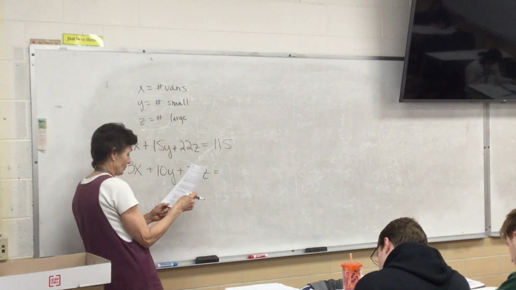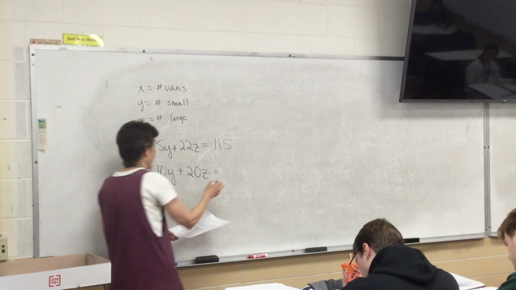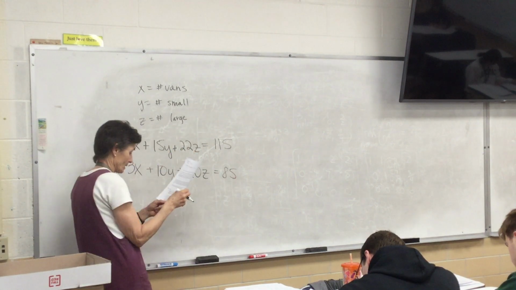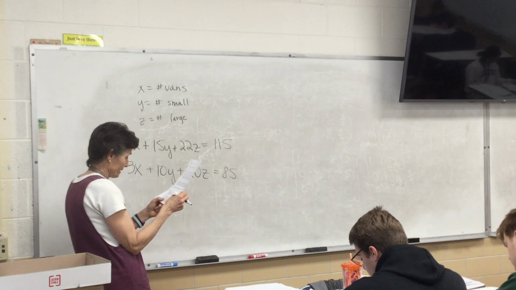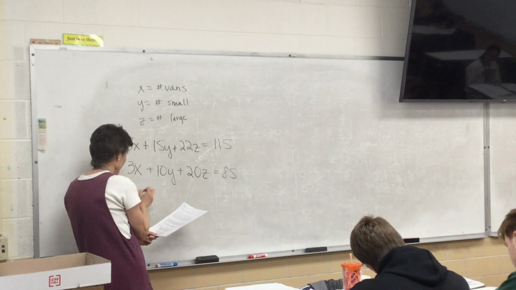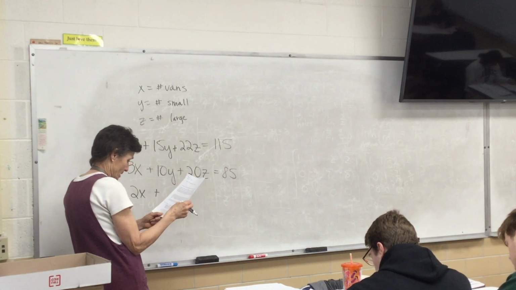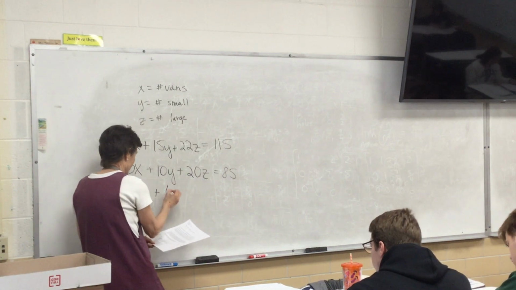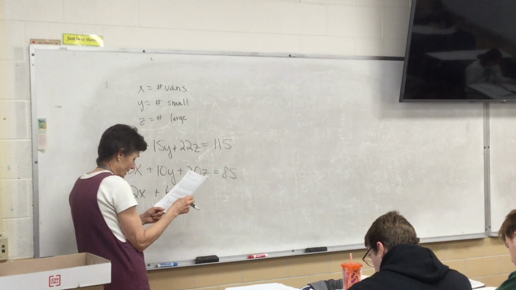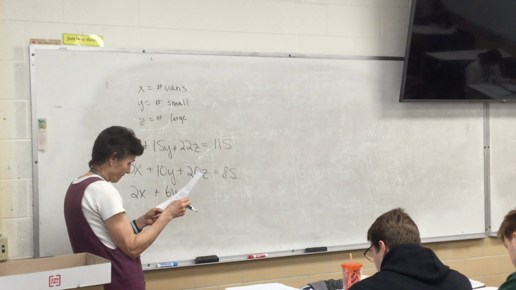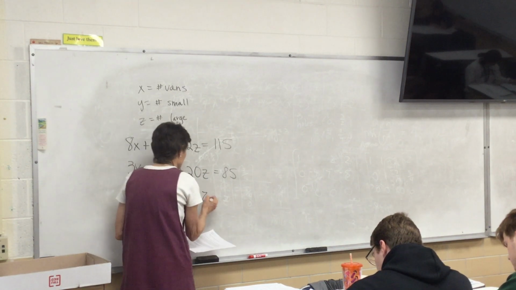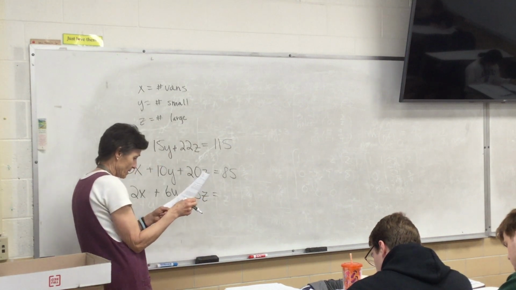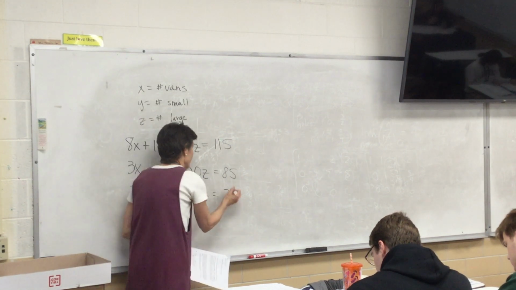And I have to have a total of how many of those? 85. And then finally, the other TVs, I have 2 on the vans. I have 6 on the smalls. And I have 5 on the bigs. And that has to be a total of 35.